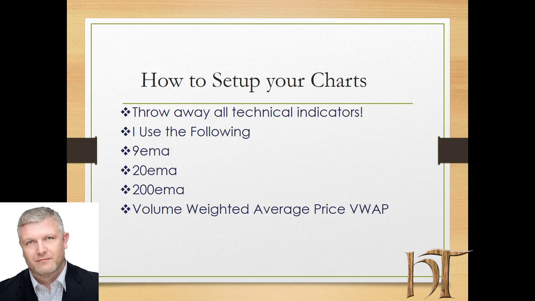A good analogy to use when we're talking about the VWAP is the rubber band concept. If you think of the price action as a rubber band, when we start to shoot up and get really, really extended, that rubber band is going to get stretched out. Okay?